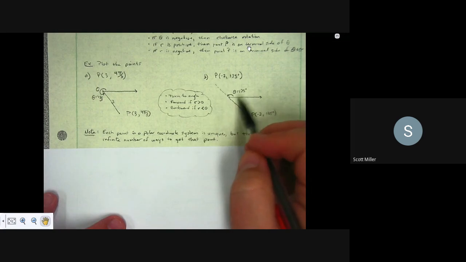The same thing applies here. If I do different angles, but all the angles are coterminal with this 135, then I can keep getting this value down here. Right? So we're going to look at how I get some different coordinates that represent the same point.